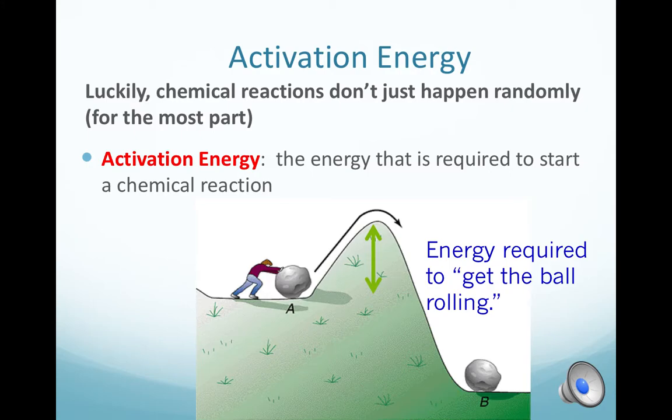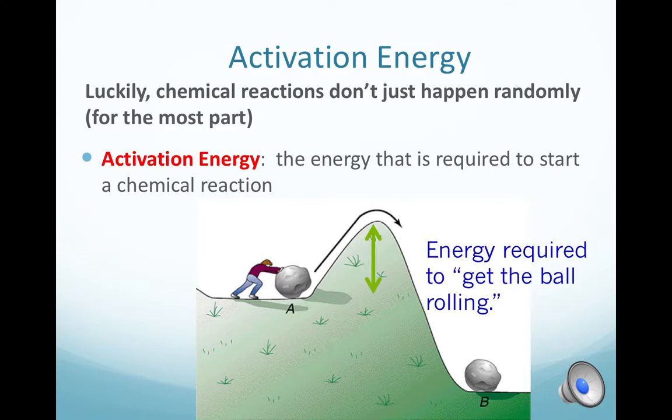In order to get a chemical reaction started in the body, or really anywhere, something called activation energy is required. This is a good thing, because chemical reactions can't just pop off whenever they like. Your body controls these chemical reactions because activation energy is needed.